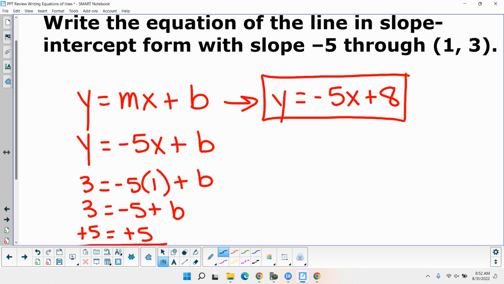Now, you could graph that if you had to, right? If I asked you to graph it, there's the y-intercept. All right, what do I do from there to find the other point so I can draw that line? What's the slope?